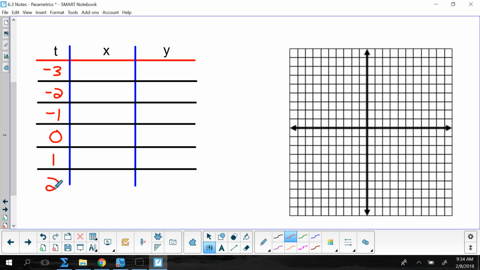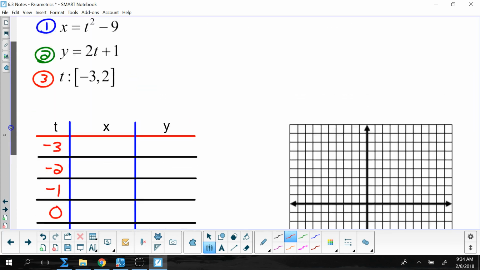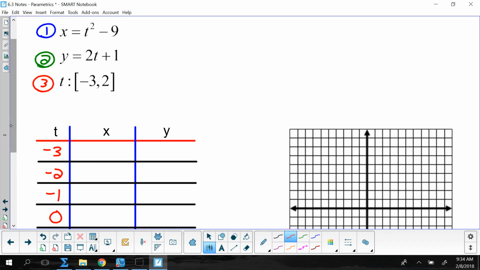Now, I am going to put negative 3 as my t-value into my x function. Negative 3 squared is 9, minus 9 is 0. So the x value that corresponds with a t-value of negative 3 is 0.